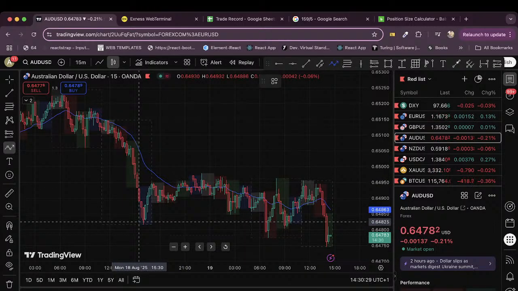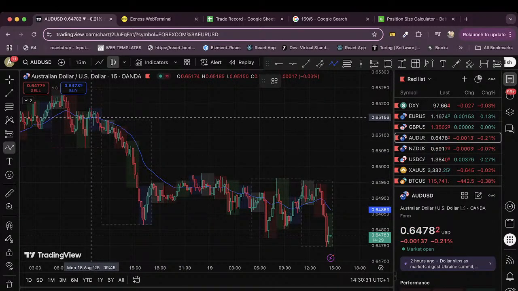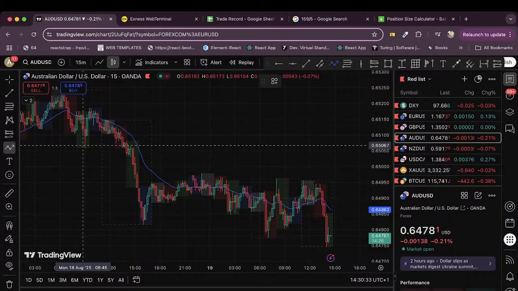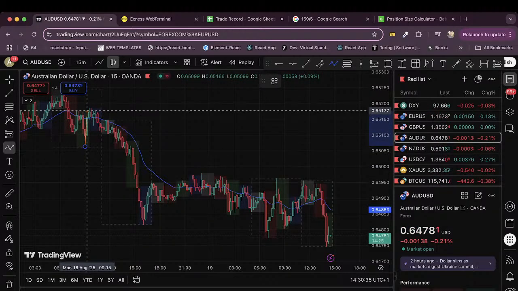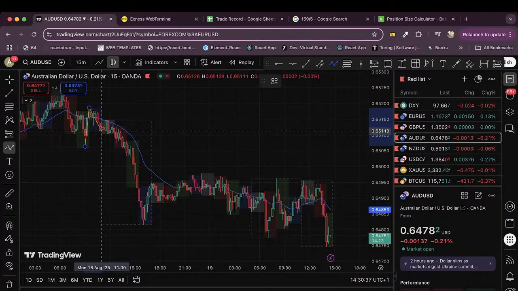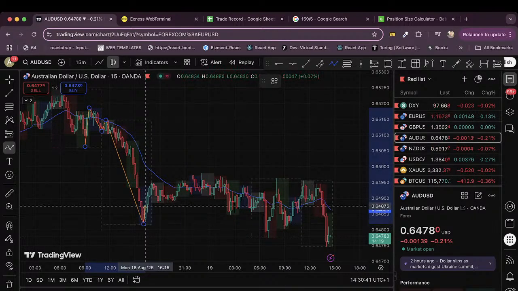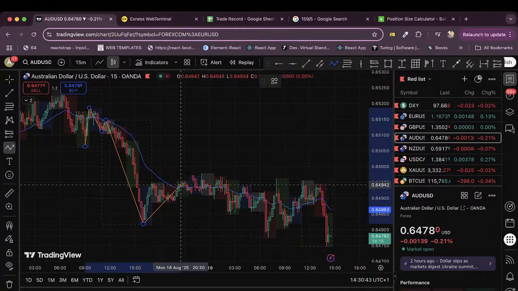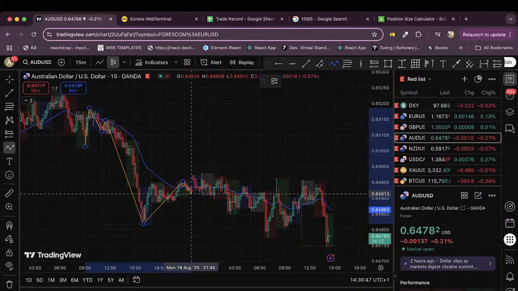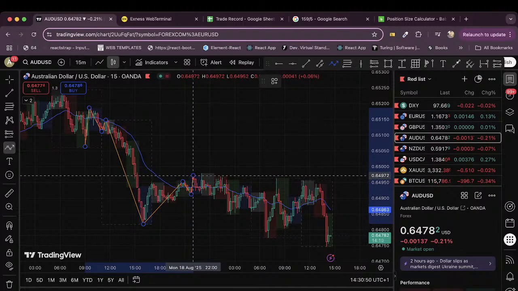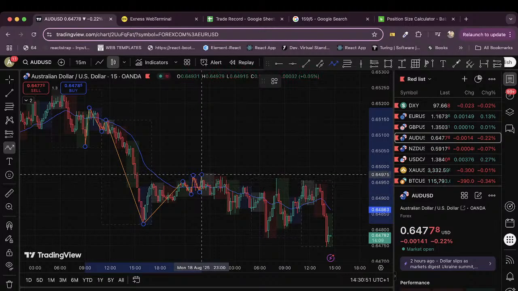Where do we start? Let's start from here, all the way down. We have some wiggle move here, but I'll take it around here. Go down here, another down. There's a very tiny move going on here.